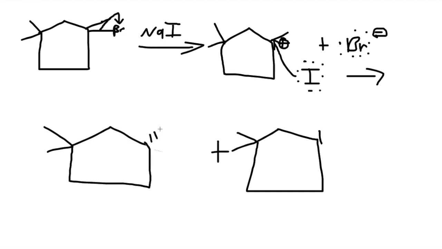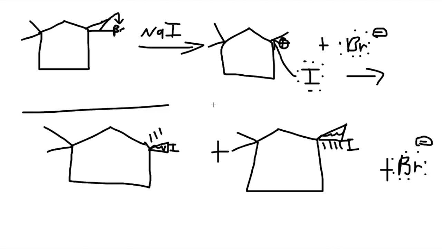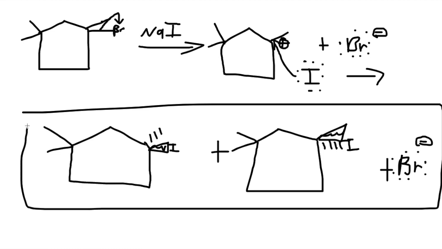Let's have the wedge on the methyl group, and now the dash on the iodide. Okay, this is our answer for this. And also the Br as the byproduct that we have made. The byproduct is not really important, but the racemic mixture is. Racemic mixtures.